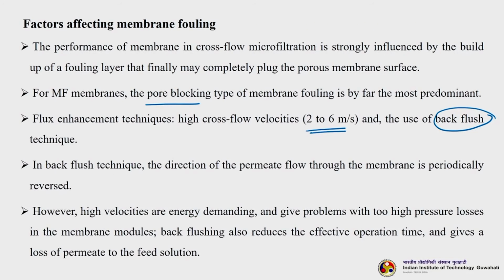By doing that, the entire area of the membrane will be back flushed. However, higher velocities are energy demanding and give problems with too high pressure losses in the membrane modules. Back flushing also reduces the effective operation time and gives a loss of permeate to the feed solution.